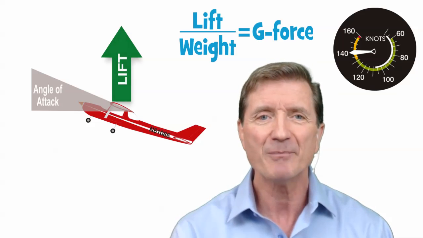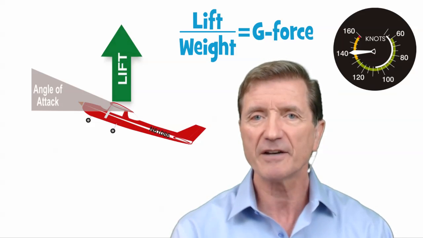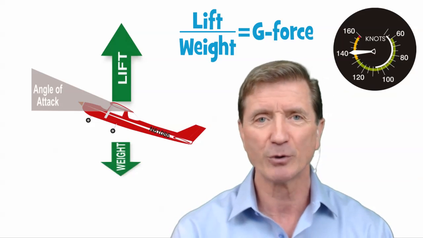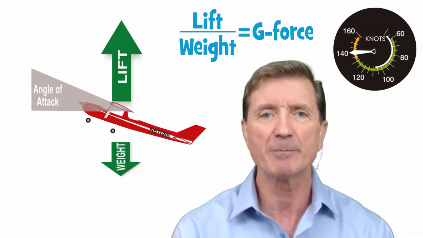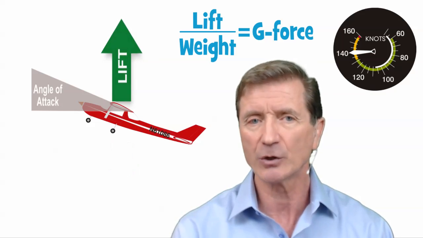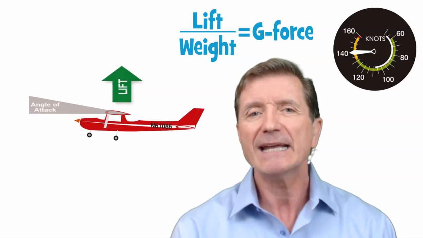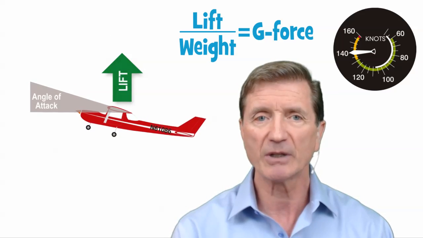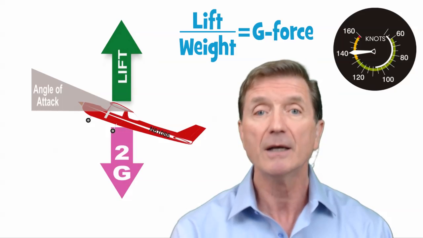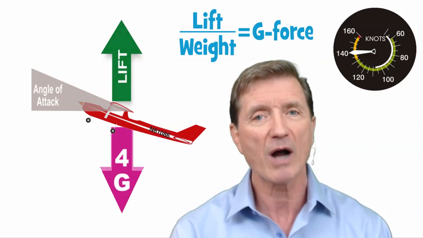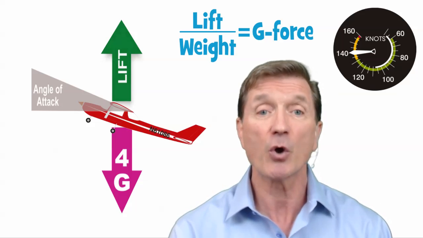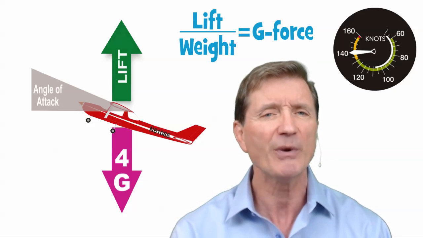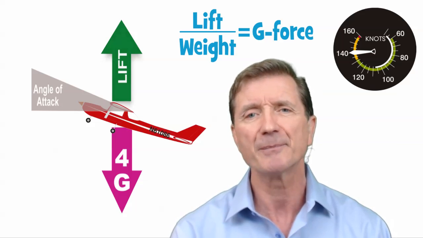Said another way, there would be more upward pull of lift compared to the downward pull of weight, and the G-force you would now be experiencing increases in proportion to the sudden increase in lift. Instantaneously doubling, tripling, or quadrupling the lift doubles, triples, or quadruples the G-force. In other words, a direct, or nearly so, one-to-one relationship exists between lift and angle of attack.